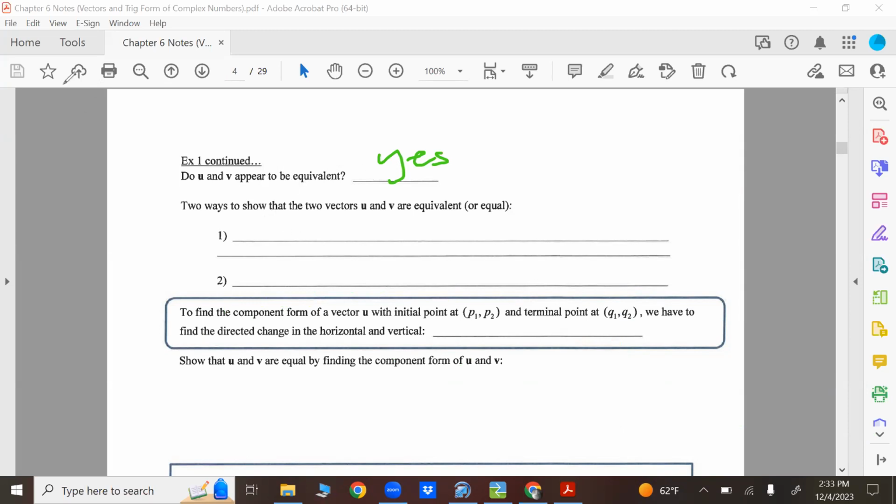One way is you can, let me actually do a text box here. Show that each vector has the same length and direction. Not too hard.